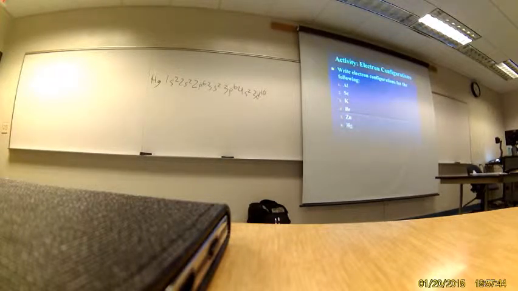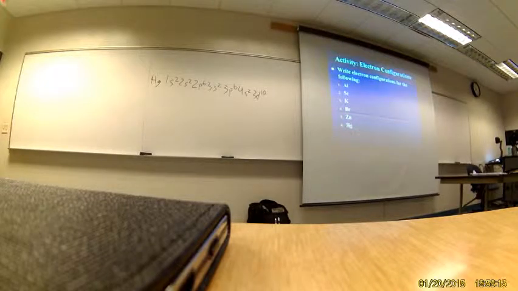4p6. These are p's. They're in 4. So 4p6, and then 5s2, then 4d10, then 5p6, then 6s2, and now this is so far down that we have the f that I said you would never have to do in homework or anything.